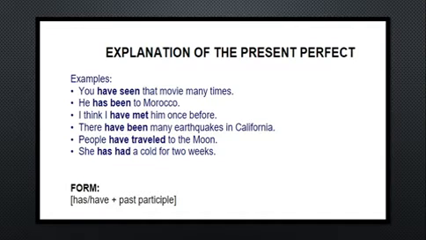And well, about the explanation of the present perfect, you have here some examples. The first example talks about a movie that you have seen not one time or two, but many times, but it's not specified how many times you have seen that movie.